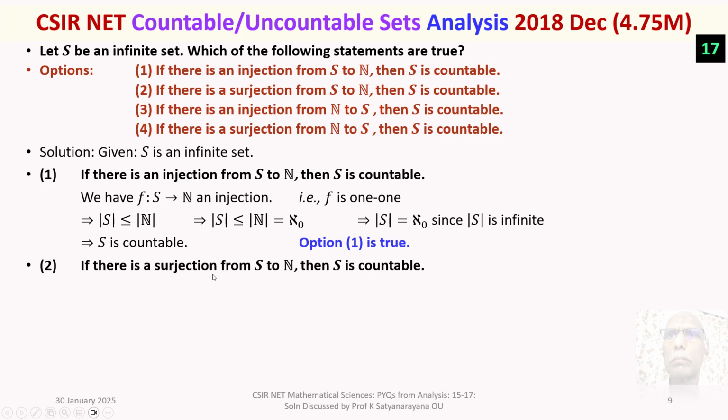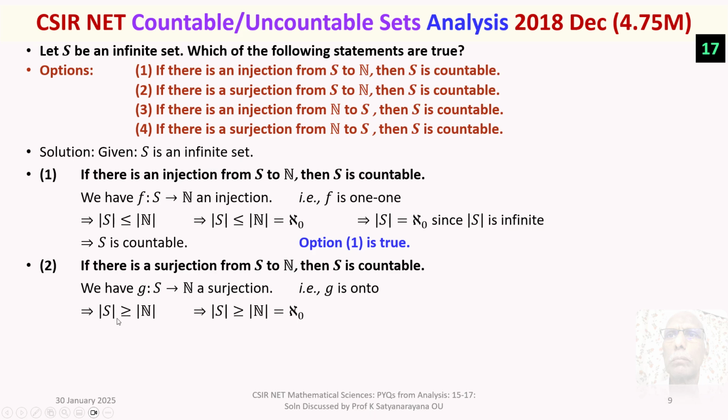If there is a surjection from S to N, then S is countable. We have a function g from S to N, a surjection means g is onto. Therefore, the cardinality of S is greater than or equal to the cardinality of N, because g is onto.